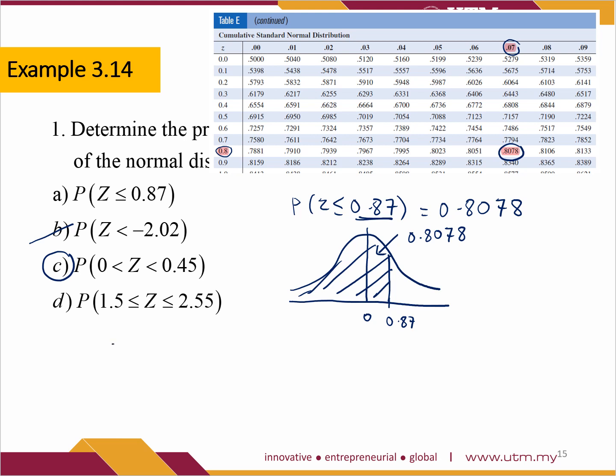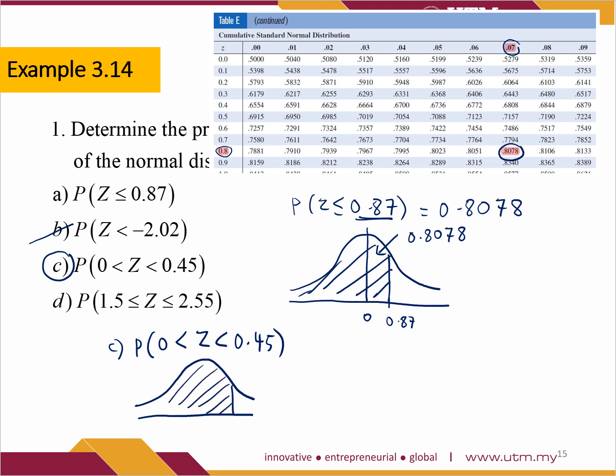Now for C, how to find the probability of the standard normal between 0 and 0.45. Remember the value in this table refers to the cumulative area up to 0.45.